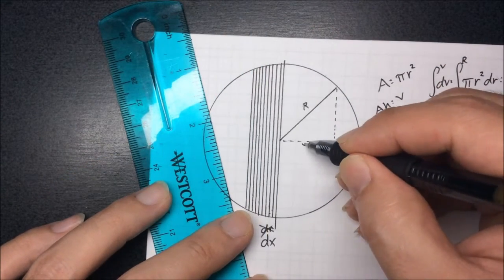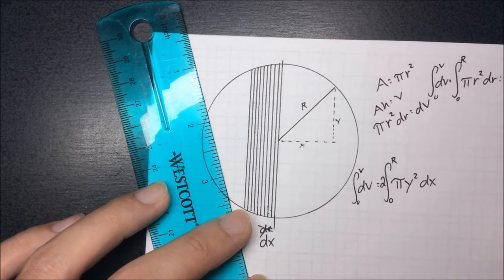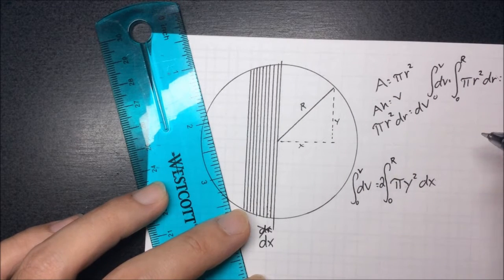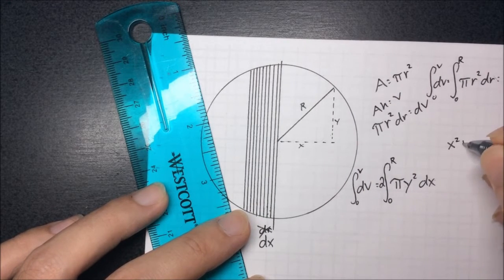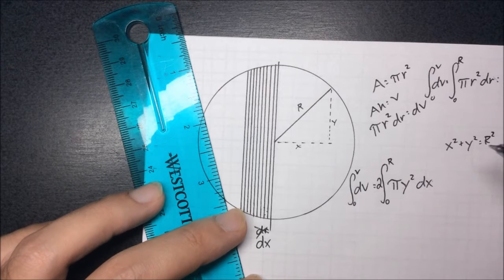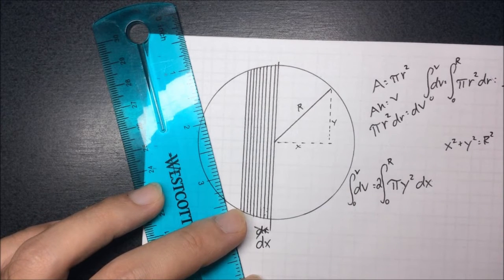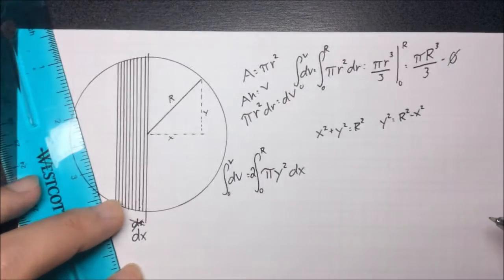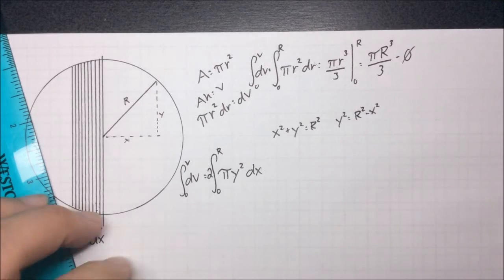So this is x, and this is y, and the relationship again is the Pythagorean theorem, x squared plus y squared equals r squared. And I want to replace this y, so I'm going to move this x squared to the other side. So y squared is equal to r squared minus x squared.